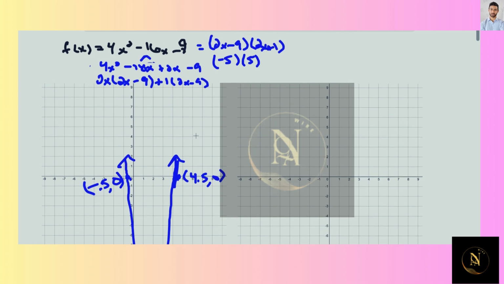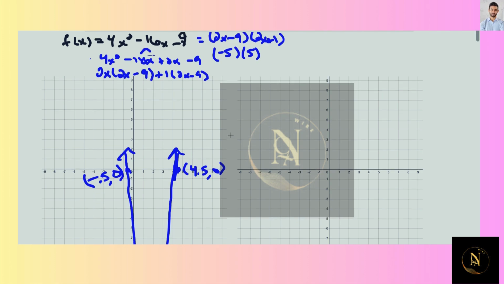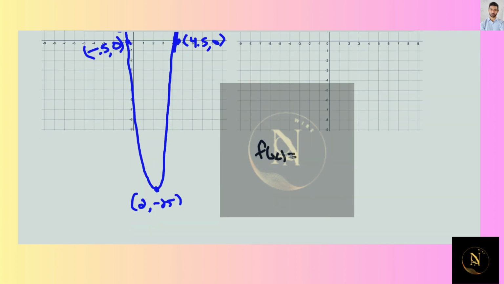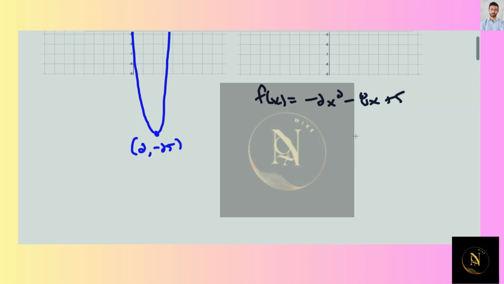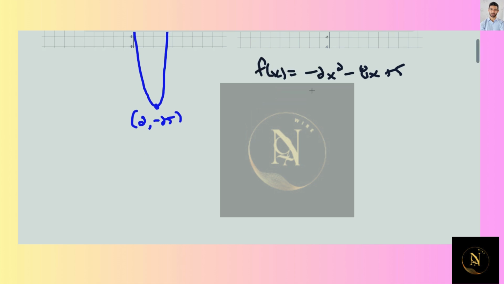And the last one that you have to consider is negative 2x squared, I'll do it below it to give myself plenty of space, minus 8x plus 5. And you can check what multiplies to negative 10 and adds to negative 8. There isn't anything that does that. So we can't quite determine the zeros nicely.